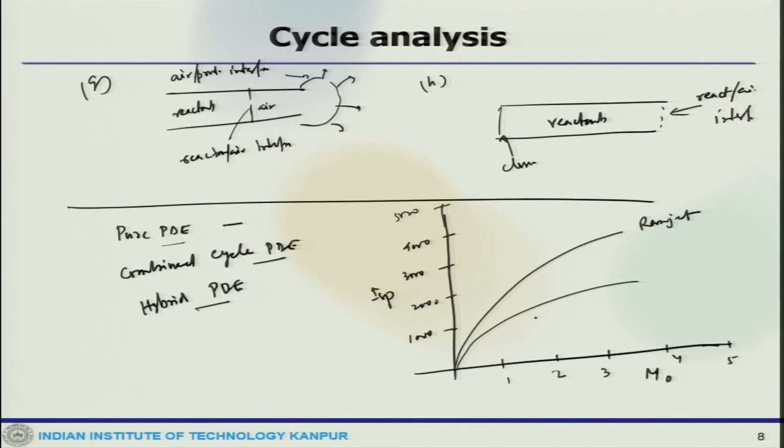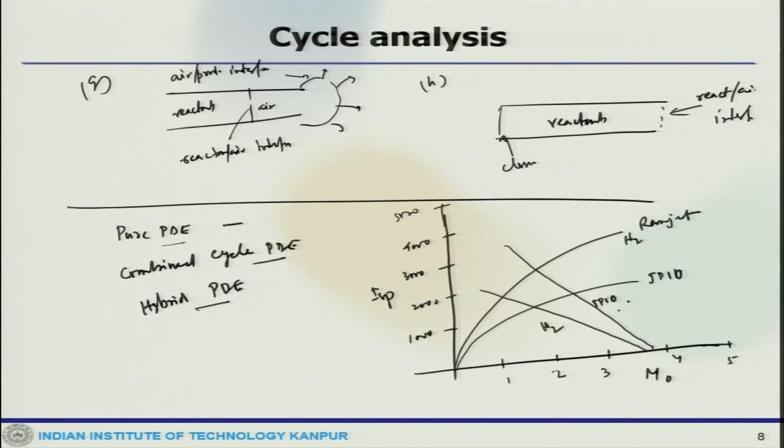Now, at the same time your PDE engine will be like this. This is for H2, this is with JP10, then this is H2, this is JP10, like that. So, this is how. Now, the hybrid turbofan PDE we will have a look at while we are talking about the turbofan engine.